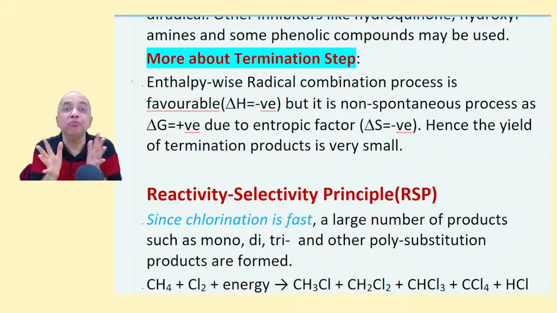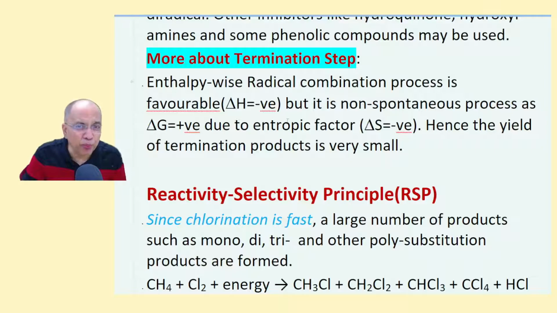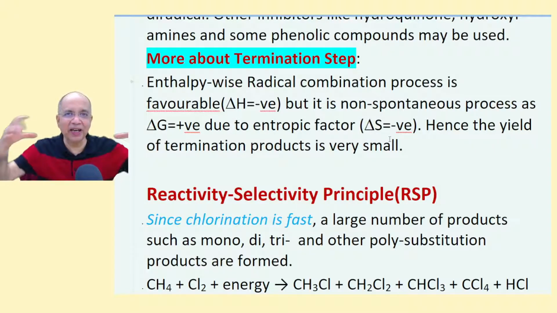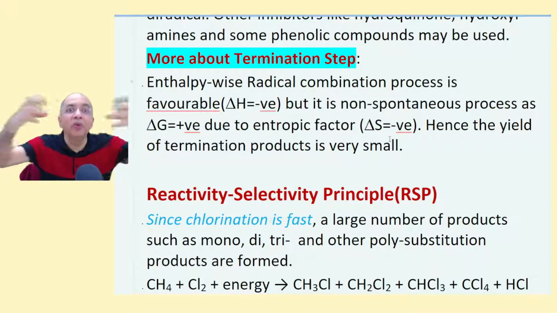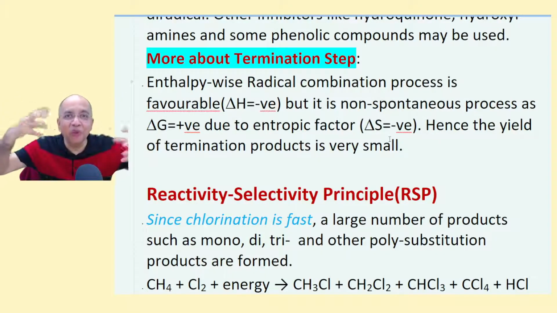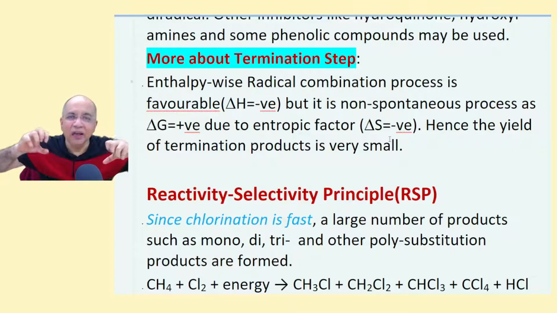The termination step is thermodynamically disallowed, it is non-spontaneous, because the entropy factor is highly unfavorable. Delta S is negative because when the radicals combine, the number of species, the chaos, becomes less.